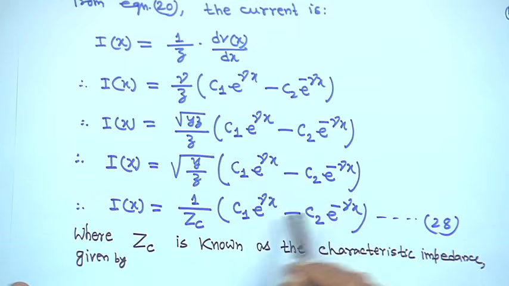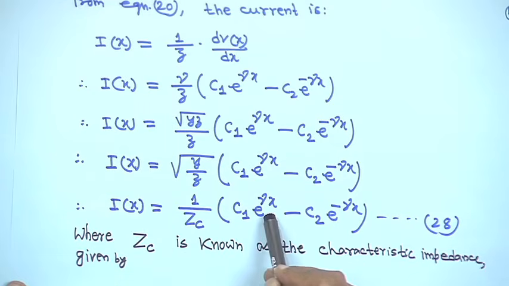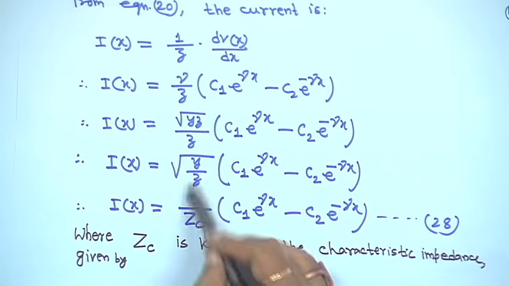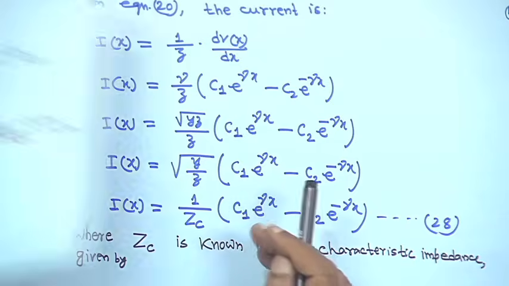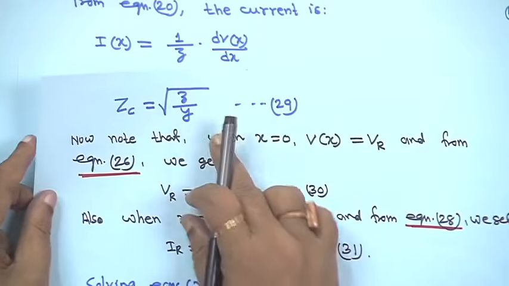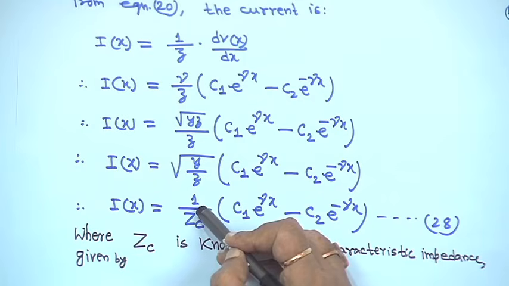Now, we define Ix is equal to 1 upon Zc, C1 e to the power gamma x minus C2 e to the power minus gamma x, where Zc is known as the characteristic impedance, and is given by root over small z by y, because the reciprocal is taken, it is understandable.